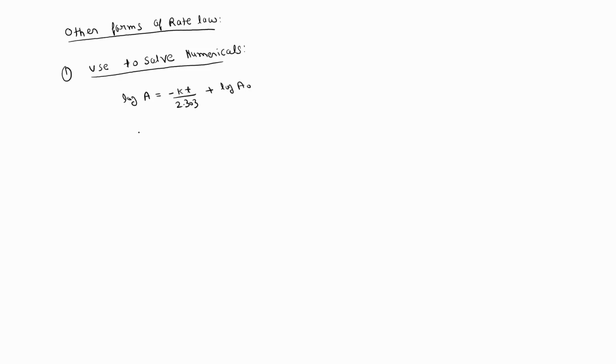Then we have log A naught minus log A is equal to kt divided by 2.303, and if we use the formula log A minus log B is equal to log A by B, then we can write log A naught by A is equal to kt divided by 2.303.